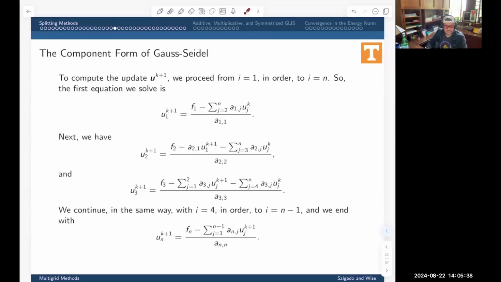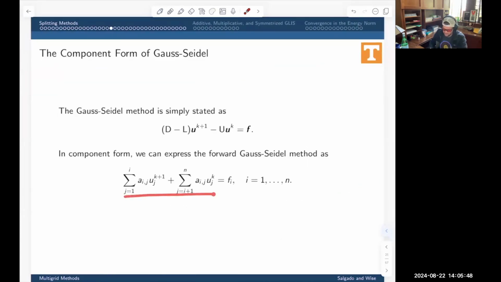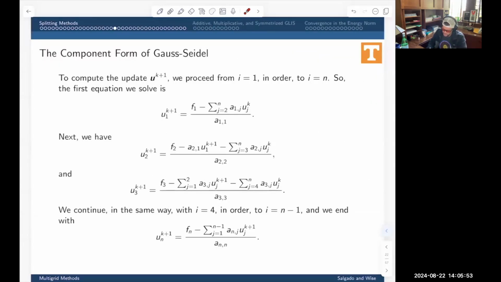Let's go on to U3. Now we know U1 and U2, so we can compute U3 because we're going to use U1 and U2 in this. To get that formula, I just modified this formula by looking at it. Remember, now I'm working with row 3 of A, the coefficient matrix.